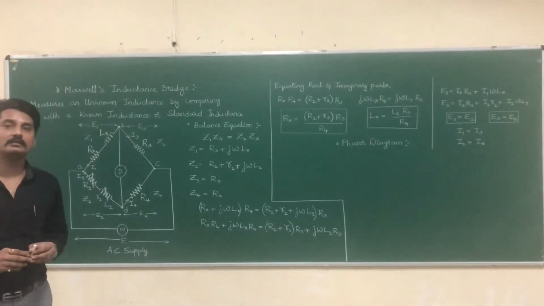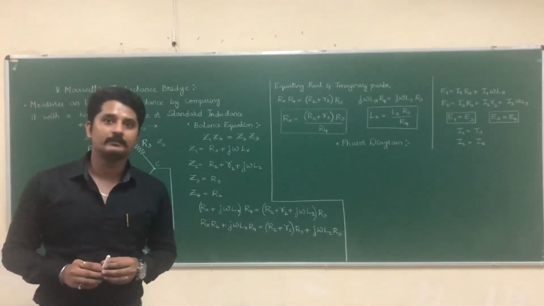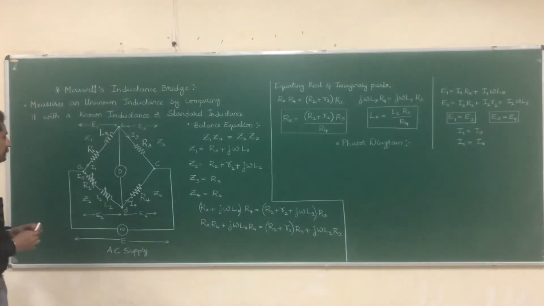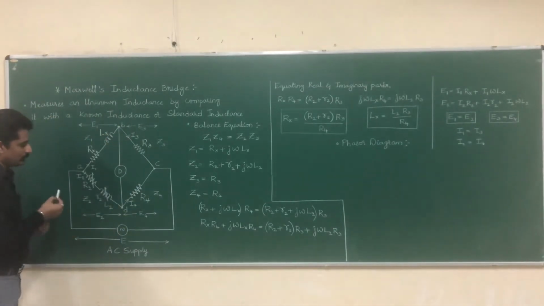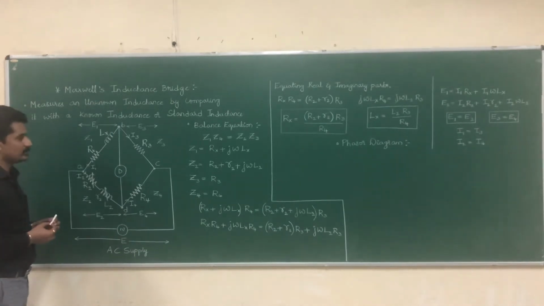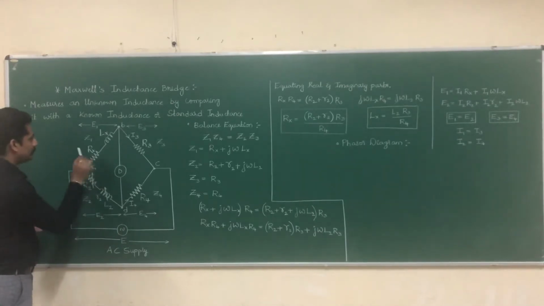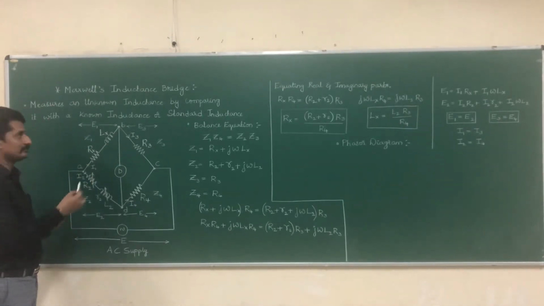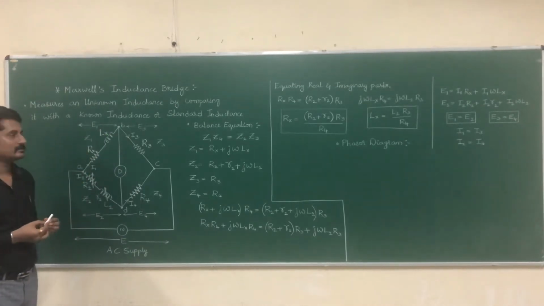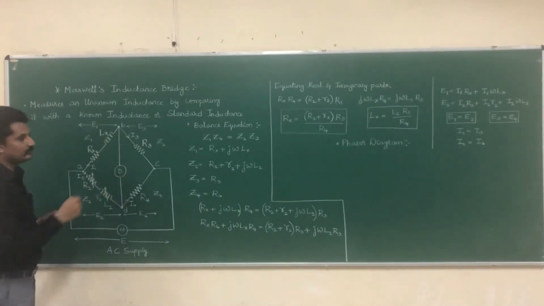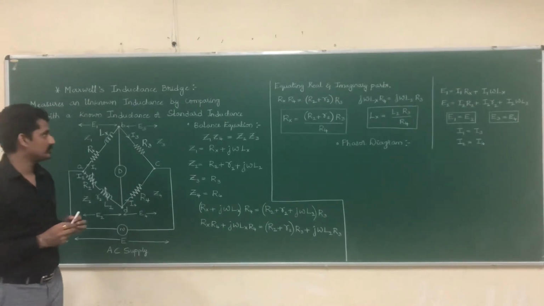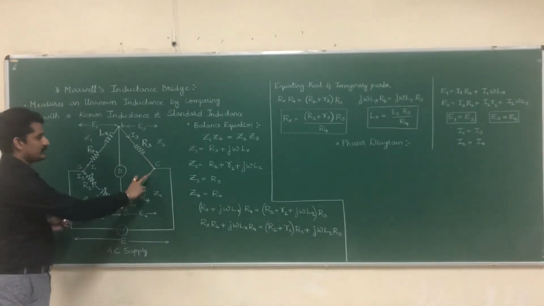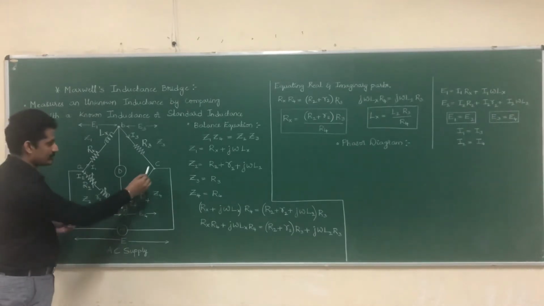Now let us consider the circuit of Maxwell's inductance bridge. It has four arms. In arm AB we have a resistor Rx and an inductor Lx, and this is the unknown inductance Lx. In arm BC we have a non-inductive resistor R3, and in arm CD we have a non-inductive resistance R4.